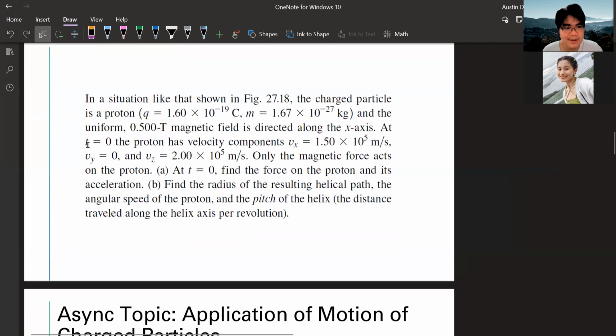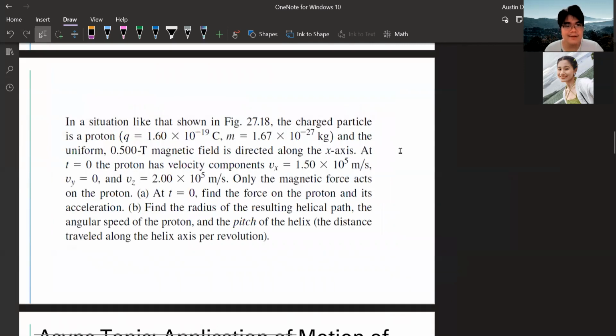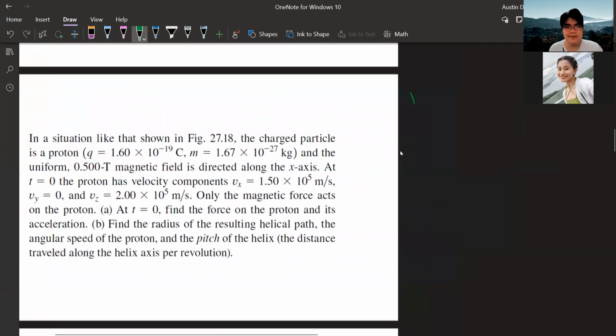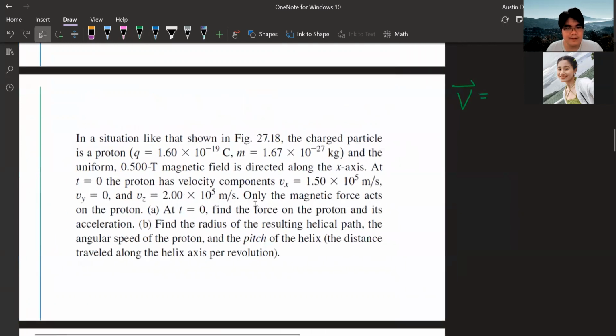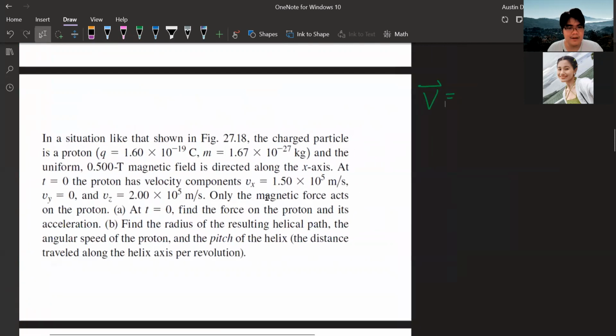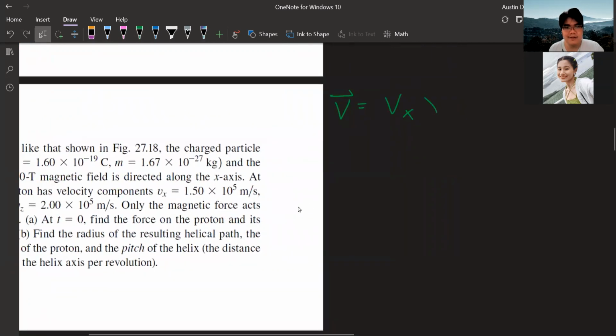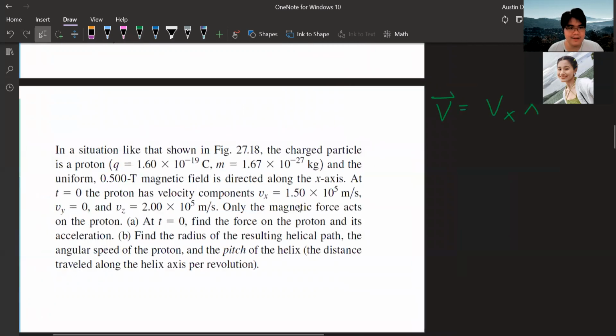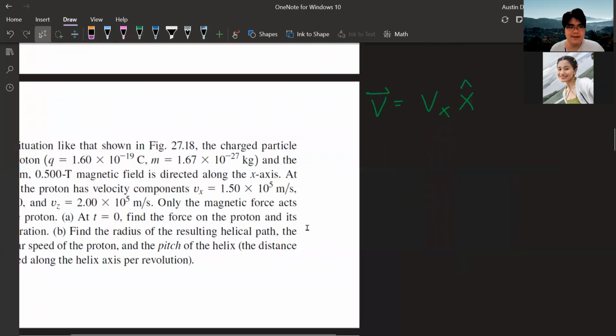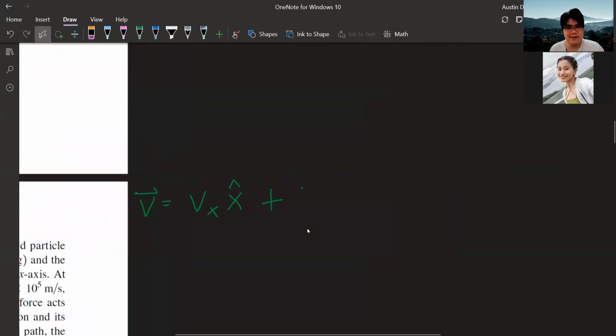At t equal to 0, the proton has velocity components v. V is, okay, meron kang Vx x hat plus Vz z hat.